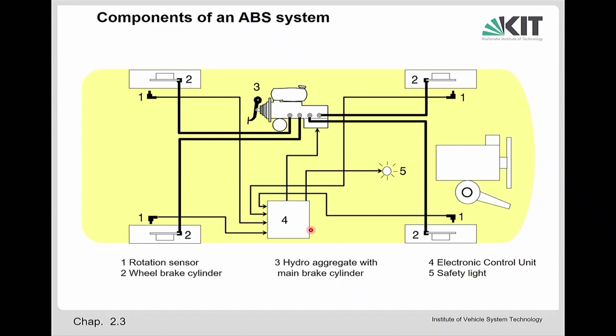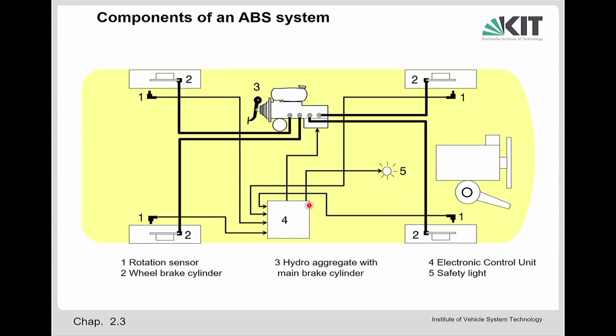So this is a so-called ECU, and this is the HCU. This is a hydraulic control unit, and this is an electronic control unit. And this electronic control unit controls the valves, opens or closes the valves upon demand, and controls the speed, the slip of the wheels.